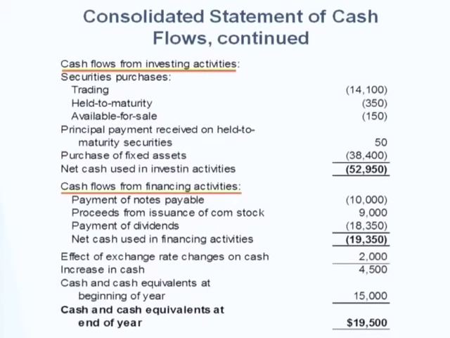You buy marketable securities with maturity of more than 3 months, which is in investing activity. And then we also have cash flow from financing activity. So we put it together, and you get the net cash and cash equivalents at the end of the year, 19500. Okay.